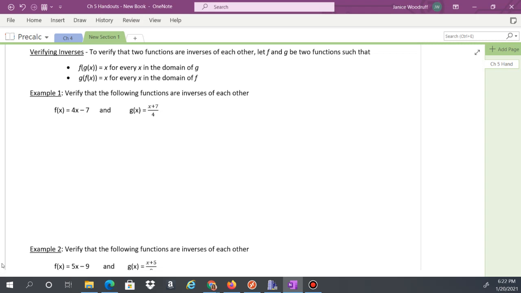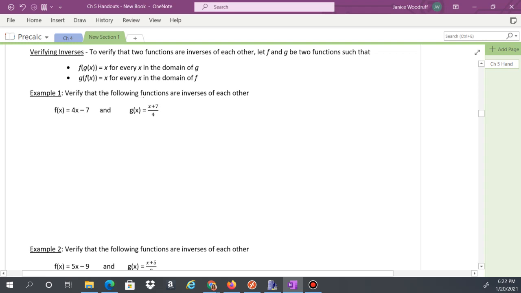What is g of f of x? And then are they inverses, yes or no? So if it does that, then you have to do it this way. If it just says yes or no, then you can just find the inverse of one of the functions, and if it's the other one, good. If it's not, they're not inverses. Okay. So if they are inverses though, then f of g of x will equal x, and g of f of x will equal x.